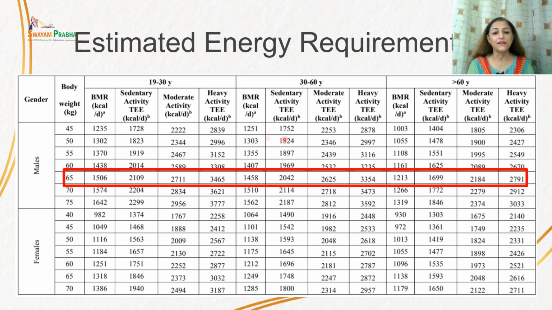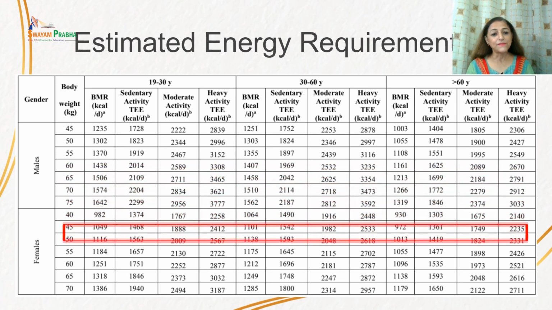That is why, based on the same kind of physical activity, the recommended energy intake or requirement should be 2109 once he is in the 19 to 30 years category, and after that 2000 if he is in the 30 to 60 year category, and the same is reduced to 1699, that is closer to 1700, once he is 60 years plus.